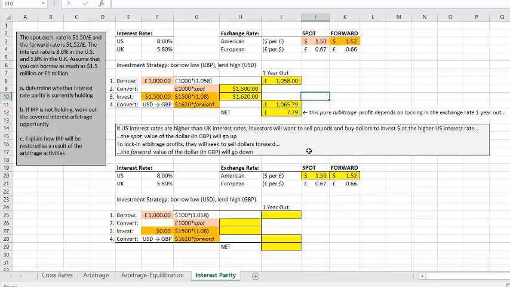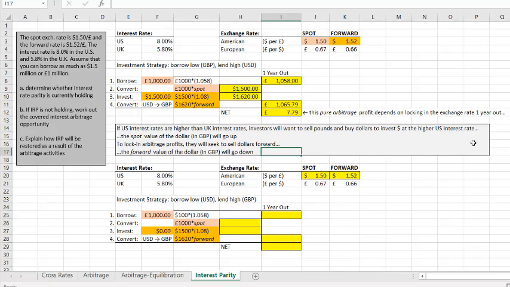Okay, so what's going to happen as a result of entrepreneurs and traders, currency traders, seeking this profit opportunity? Well, this is what I'm explaining here in this text box. It says if U.S. interest rates are higher than UK interest rates, investors will want to sell pounds and buy dollars to invest dollars at the higher U.S. interest rate.